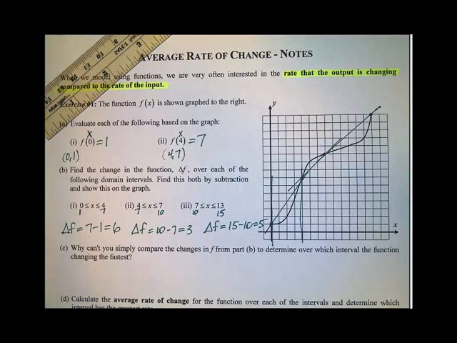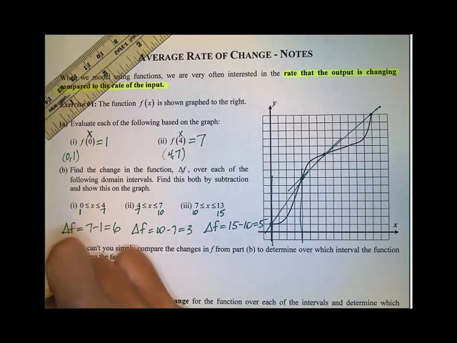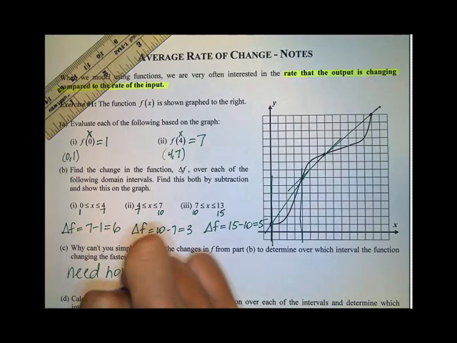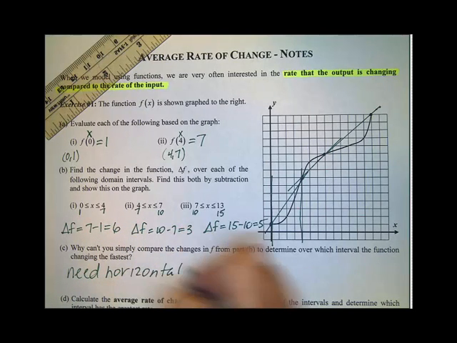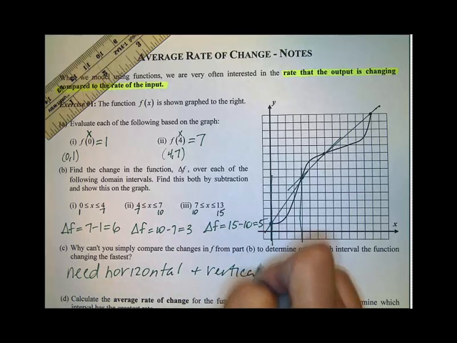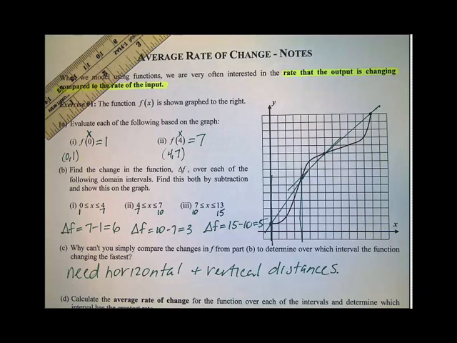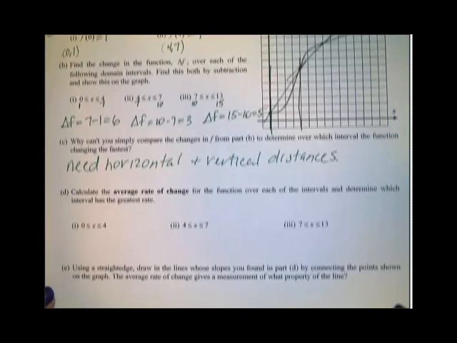So what do we also need? We need horizontal and vertical distances, not just one. We need both. So now we're going to calculate the average rate of change for a function over each of the intervals and determine which interval has the greatest change.